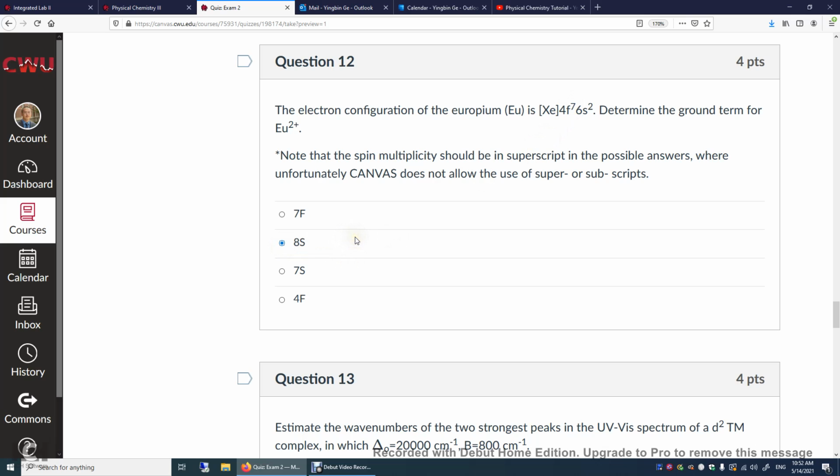All right, and there's another simple equation. The spin multiplicity is the number of unpaired electrons plus 1. We have 7 unpaired electrons plus 1, that's 8. Okay, and then this symbol S, because M sub L of these 7 f electrons are -3, -2, -1, 0, 1, 2, and 3. When you sum it up, you get 0.